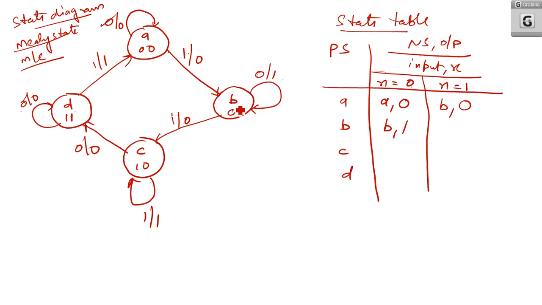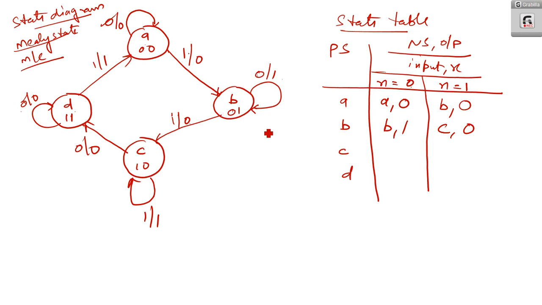When state is B and H is equal to 1, what is my output? Output is 0. That means that is a transfer from B to C. So next state is C with output 0.